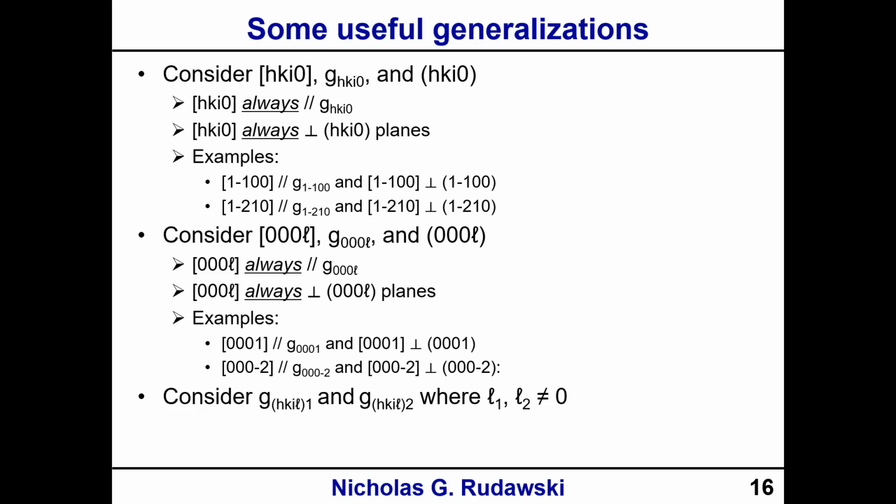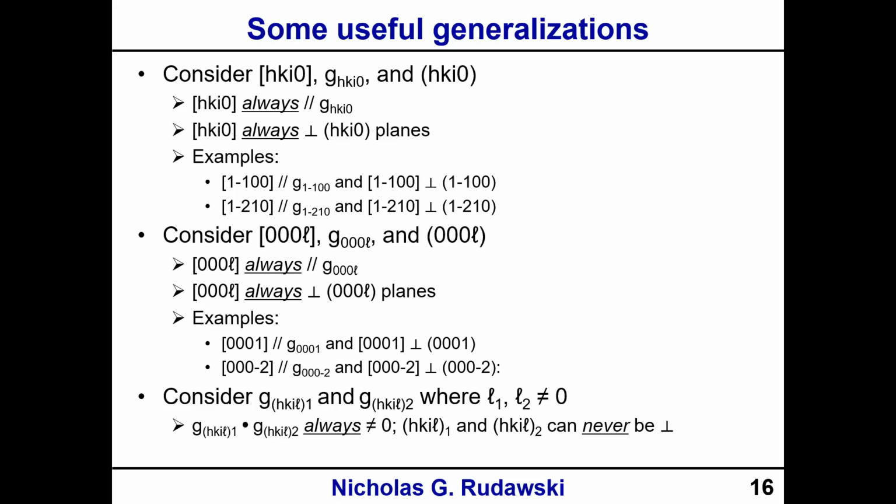Let's say we have two G vectors, and we know that the L component of each of them is not equal to 0. What we can show is that it is impossible to get a 0 dot product between these two G vectors. One of the things we're doing when we're indexing the DP is looking for an orthogonal G vector pair.